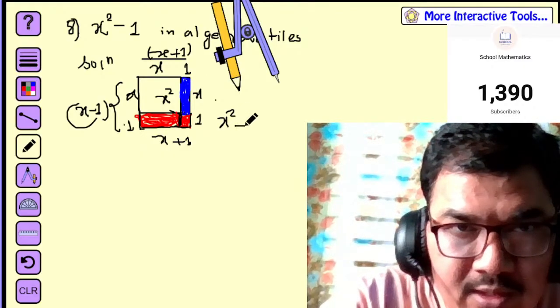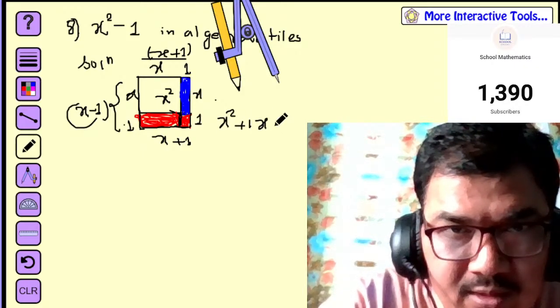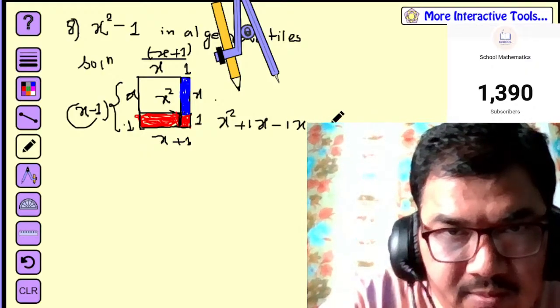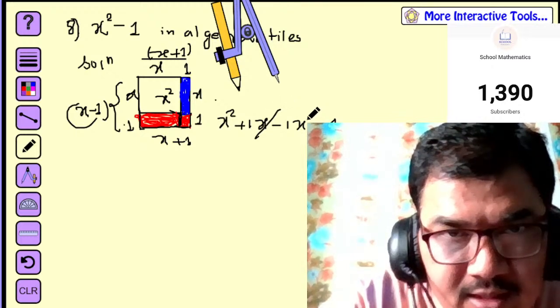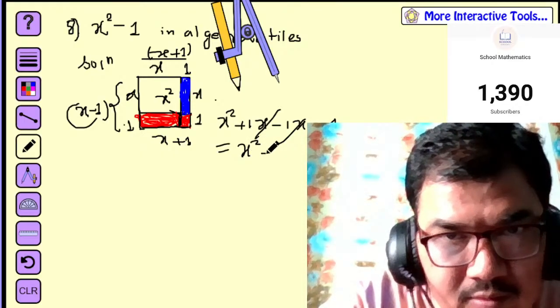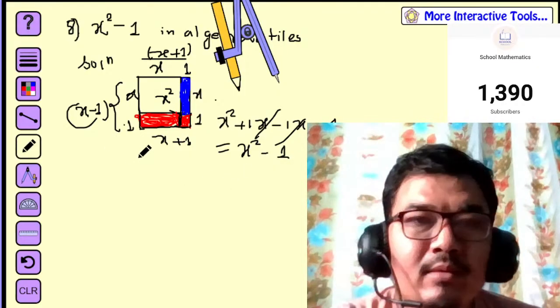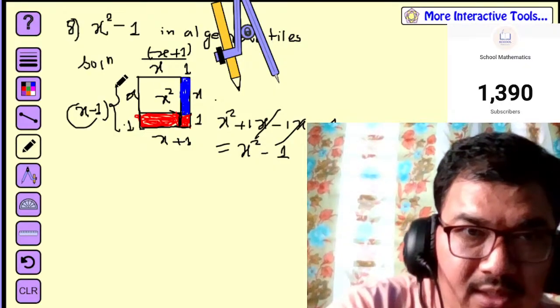This one is plus 1x, right? And the next one has become minus 1x, okay? And the last one has become 1 only. And we know this and this cancel, right? And the remaining is x square minus 1, okay? This is the way, x plus 1, x minus 1.